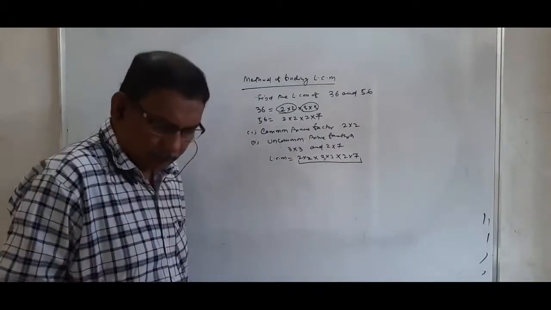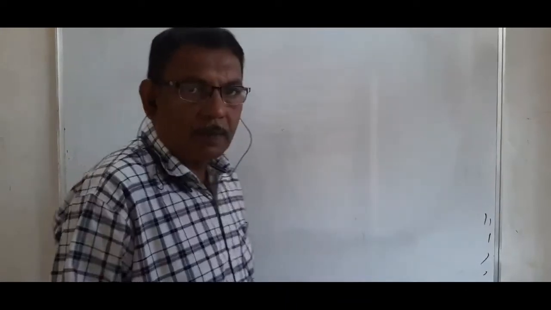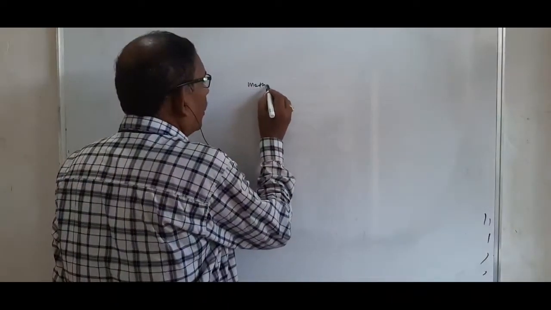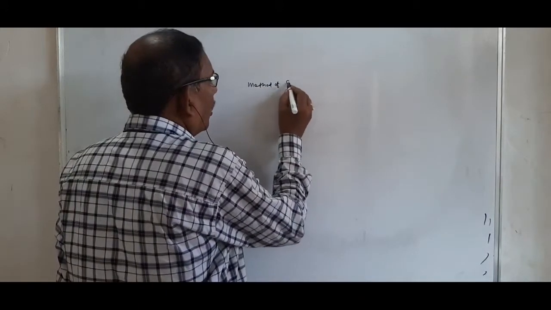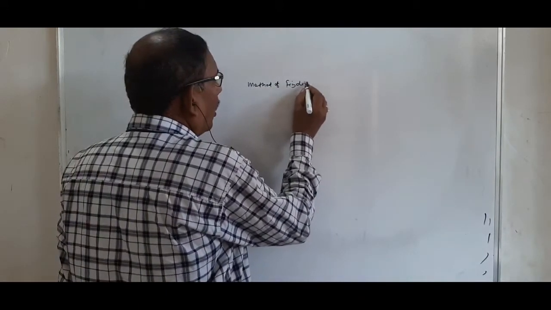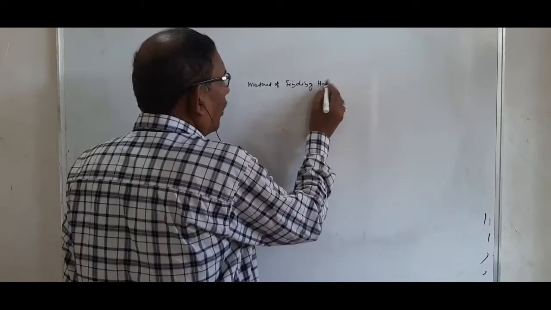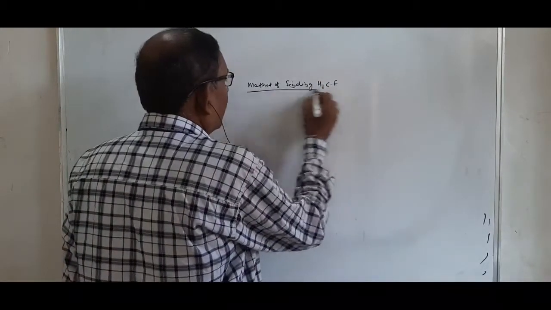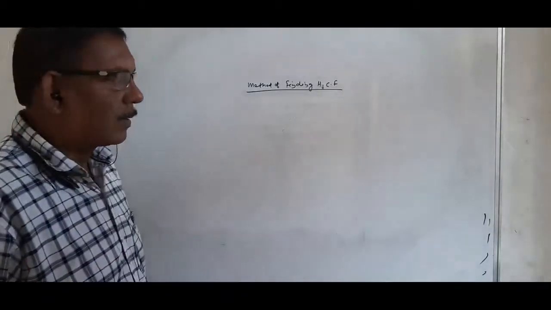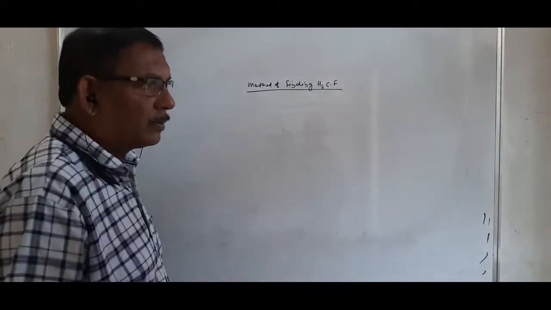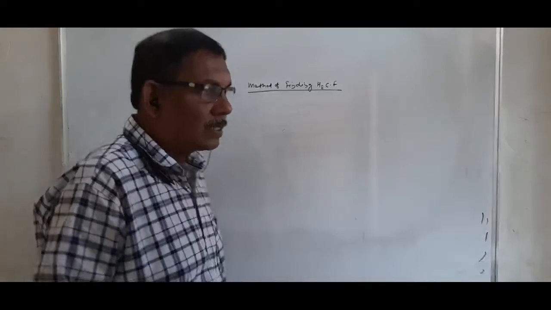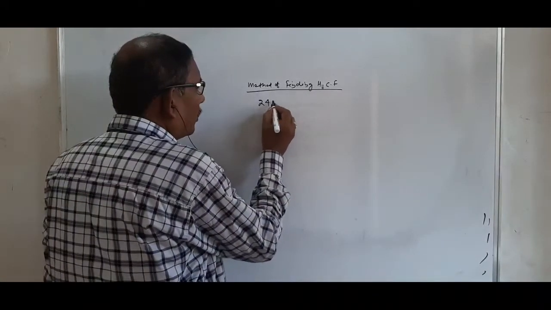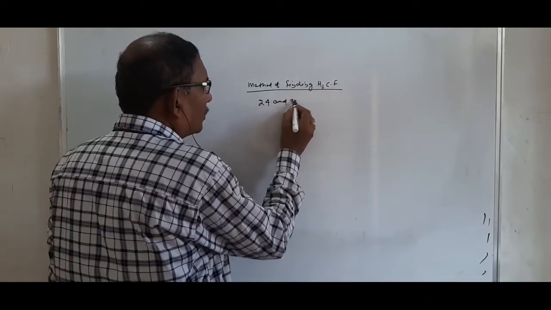Okay. Now the method of finding HCF, the highest common factor. Take one example. How to determine the HCF of two numbers? Take the example 24 and 36.